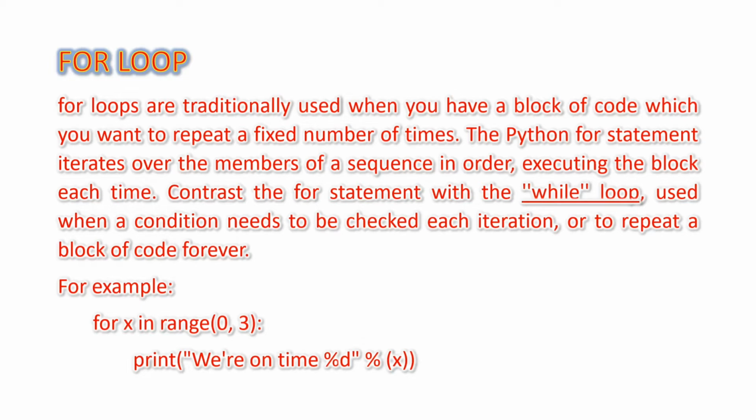In the example you can see here, for x in range 0 to 3, print we are on time. In this, x is a loop variable which will execute for the values 0, 1 and 2. The range function we will discuss later.